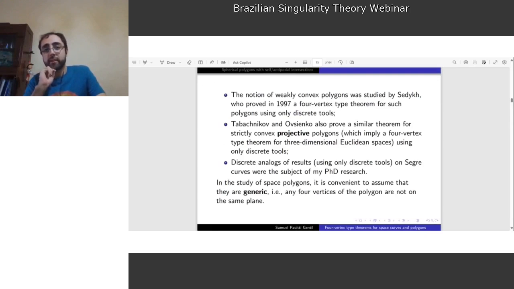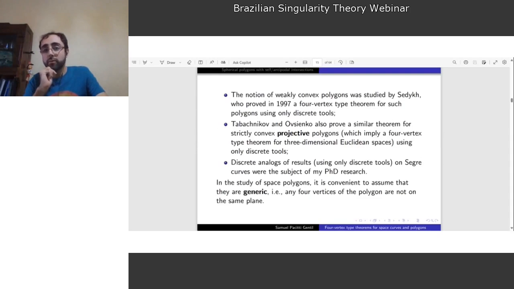So he proves a four-vertex type theorem for such polygons using only discrete tools. This is important because having a theorem about polygons using only discrete tools would allow us to prove the smooth version using, for instance, a limit argument.